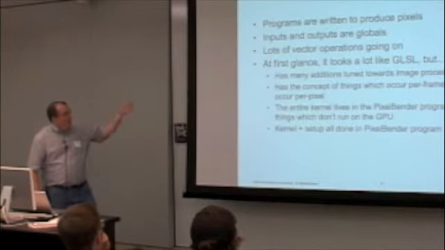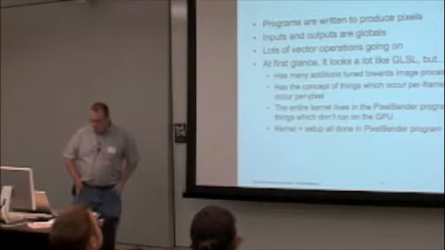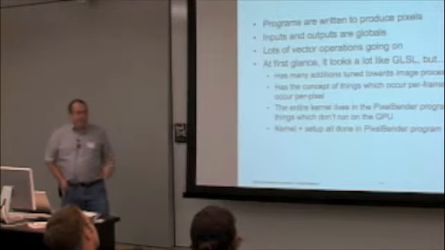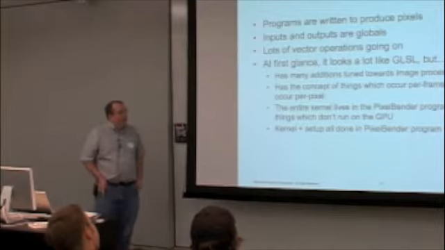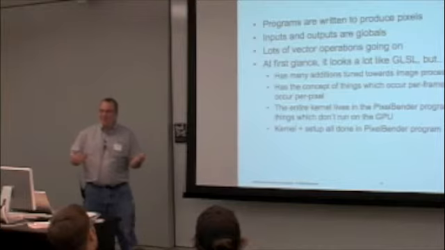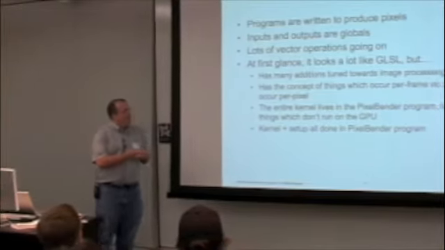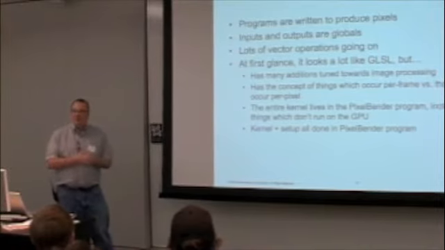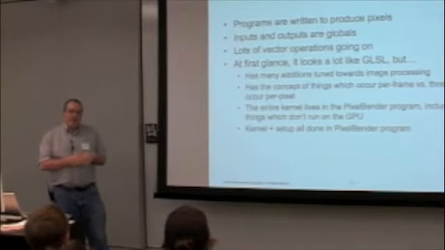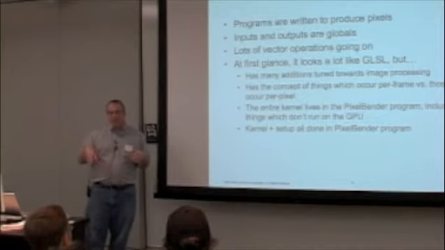All right, so to recap, programs are written to produce pixels. We have inputs and outputs, and these are globals. At first glance, it looks a lot like GLSL, and so you might wonder why Adobe is inflicting a new language upon us. In fact, there's a lot about image processing that doesn't fit into the GLSL model. In particular, there are things that happen at the frequency of a frame, before a frame starts to calculate, as opposed to things that happen on a per-pixel basis.